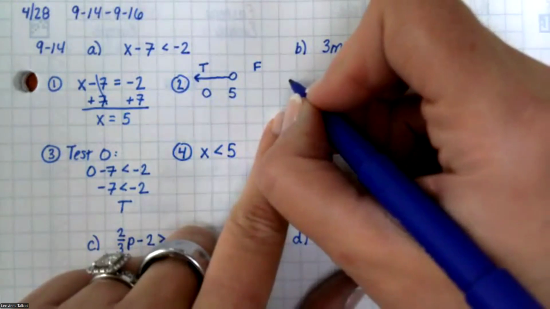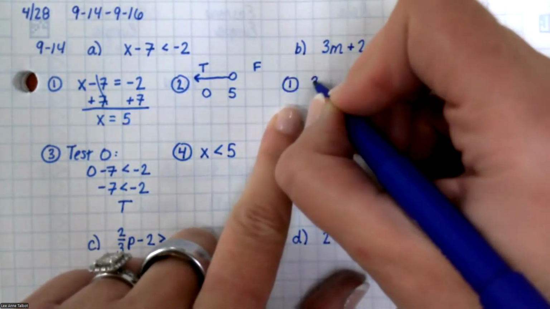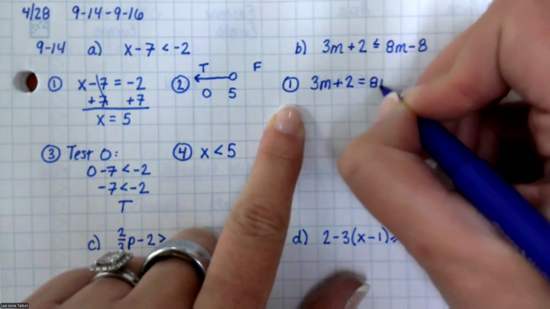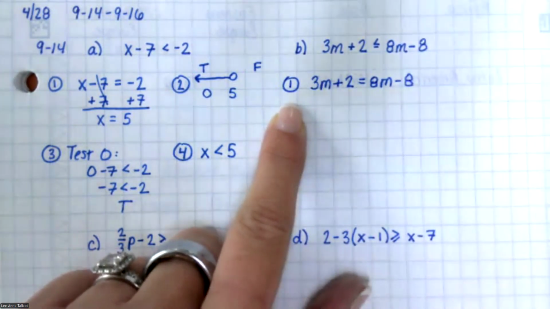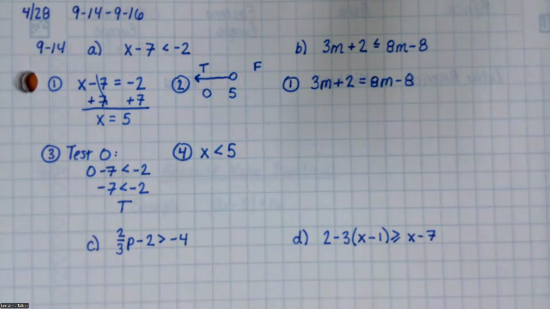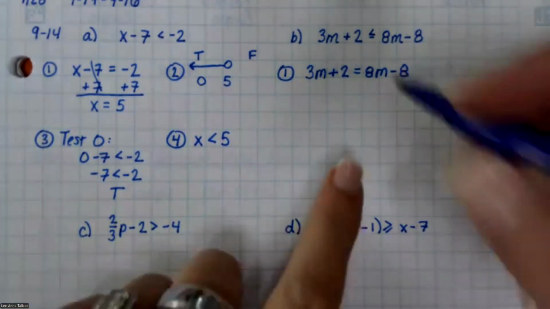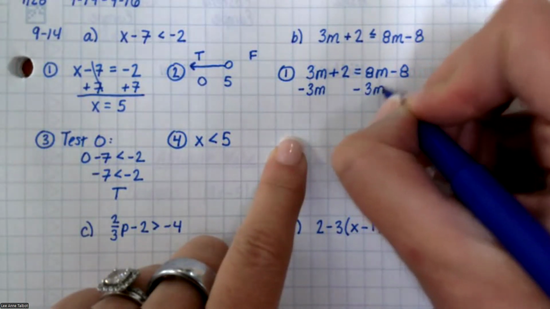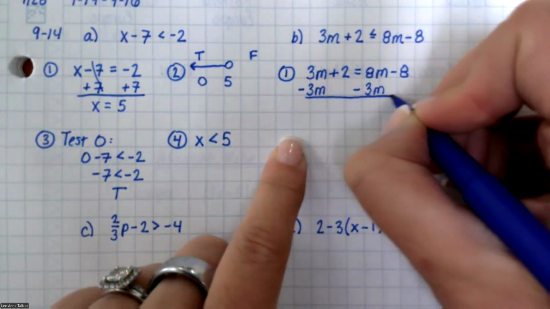Okay, B, step 1: 3m plus 2 equals 8m minus 8. Solve this any way you like. I like to undo the letter that is smaller first.